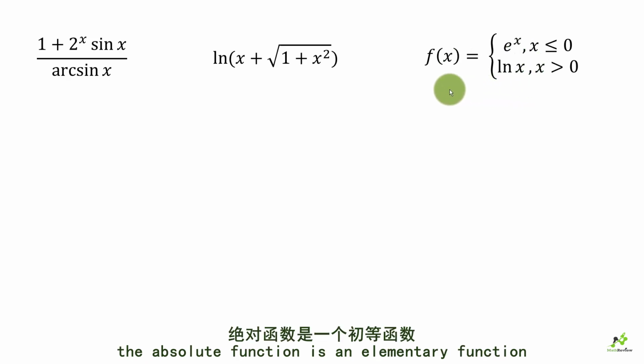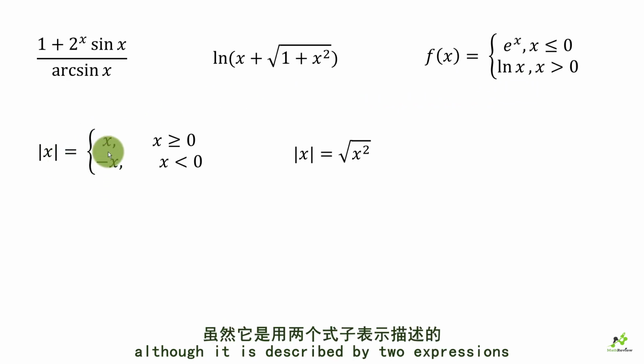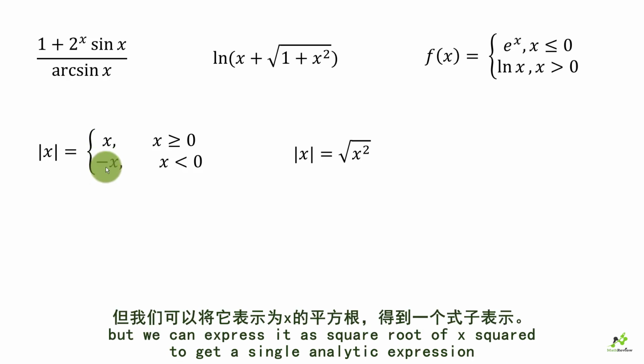The absolute value function is an elementary function. Although it is described by two expressions, we can express it as square root of x squared to get a single analytic expression.